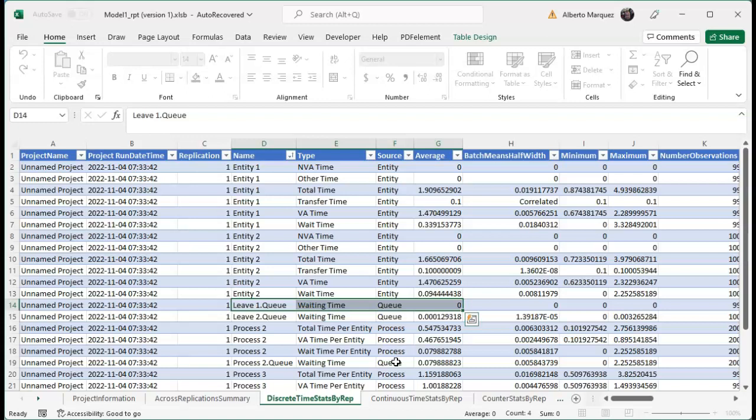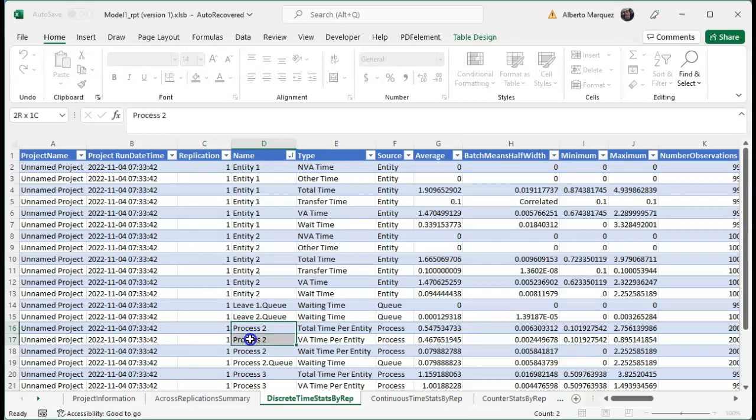Every time that the parts are trying to access the conveyor, the cell is available. On the other hand, for a few moments, some of the entities had to wait for the transporter in the model, and that's why the number is non-zero, but it is very small, meaning that it was just very few instances that happened, very negligible.